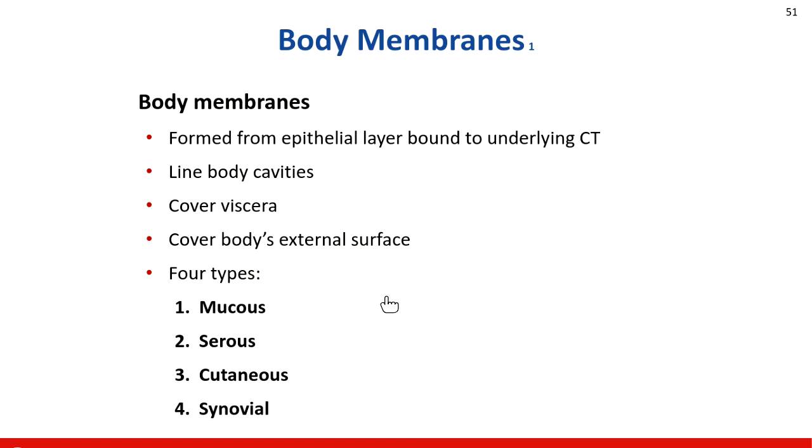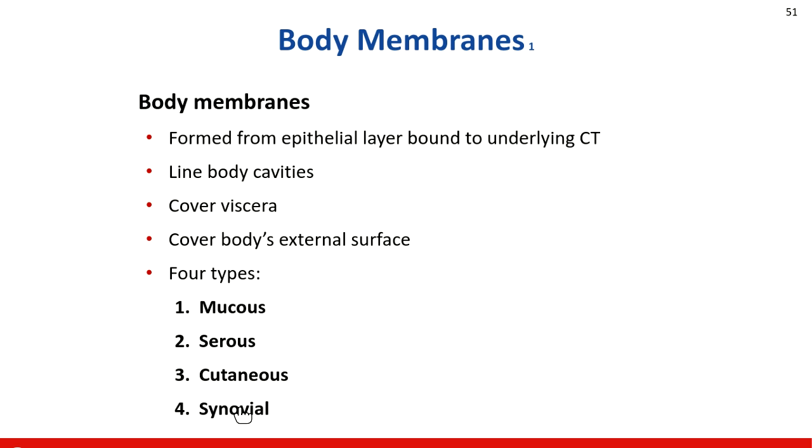So the mucous membranes, we know where some of those are: up in our nose, parts of our throat, or the pharynx. Serous membranes we talked about earlier on in the semester. They line the body cavities within our chest and our abdomen. The cutaneous membrane is another name for your skin.